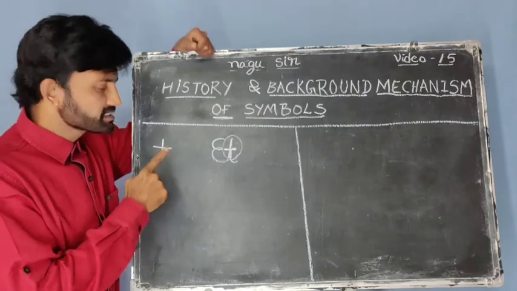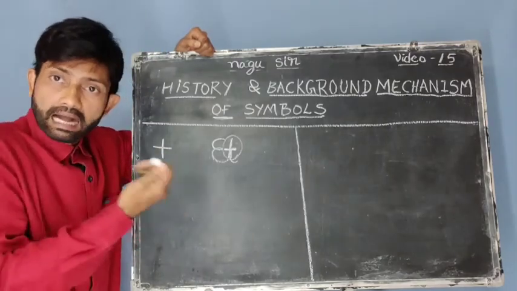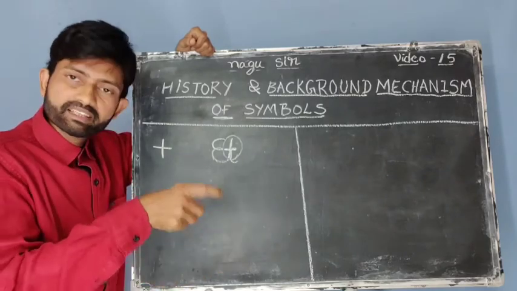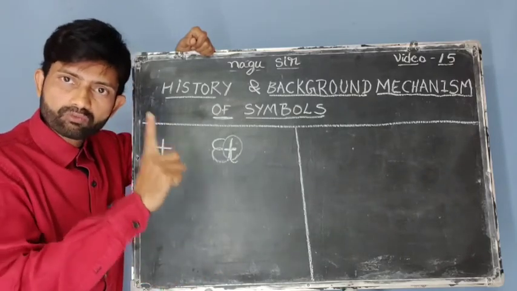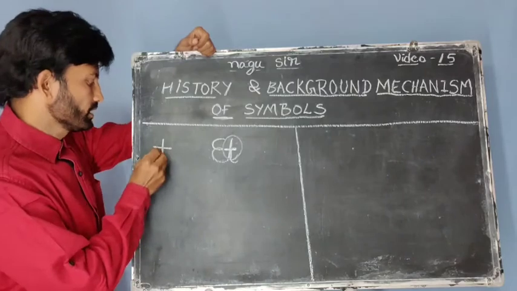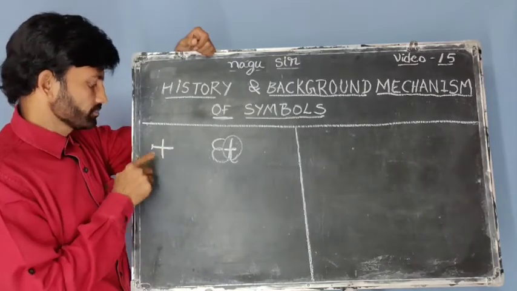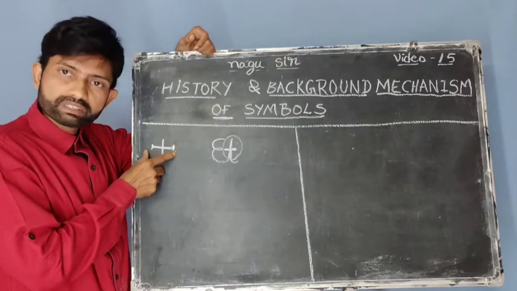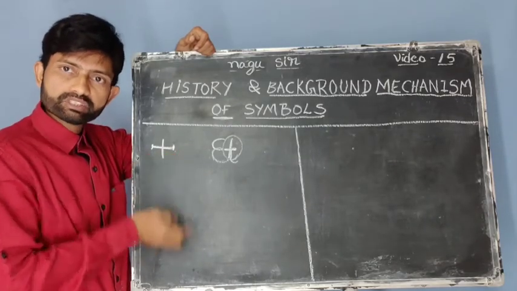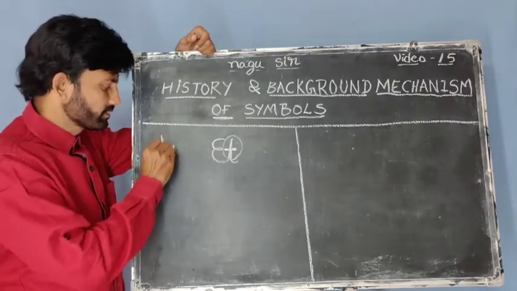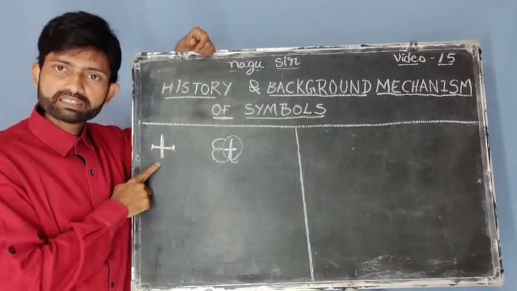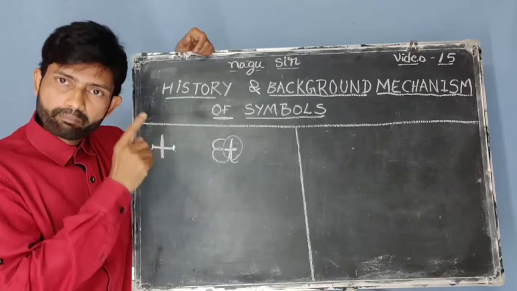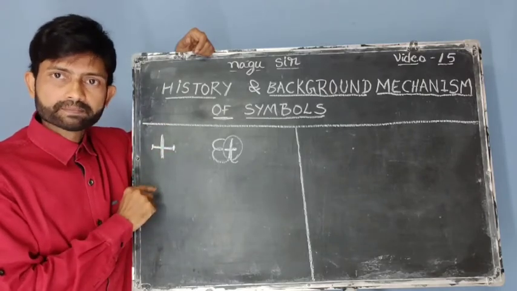The plus symbol indicates that I have something and you have something. We both get these two things together and make them one thing. So I think this may be the background mechanism of the plus.